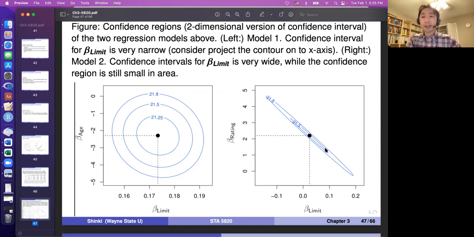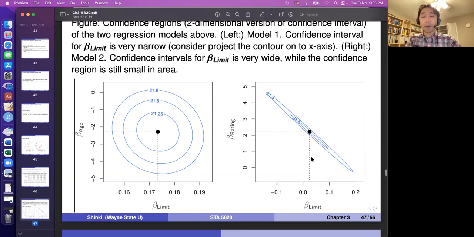In that sense, we estimated the model pretty accurately. A kind of summation of beta limit and beta rating is in a narrow range. To be exact, some constant times beta limit plus beta rating is in a narrow range. That is what's happening.